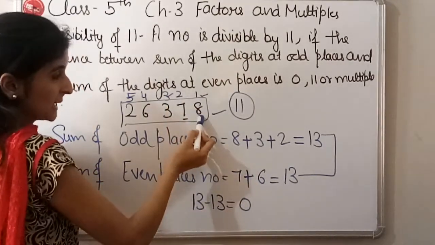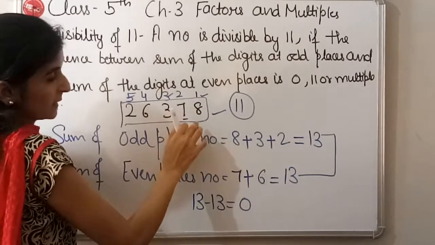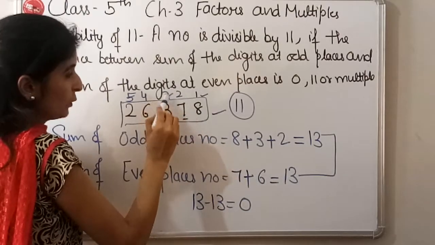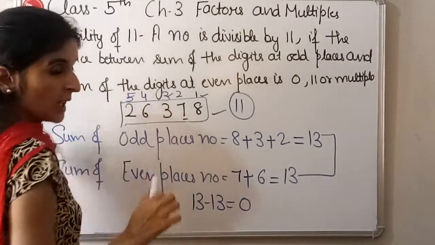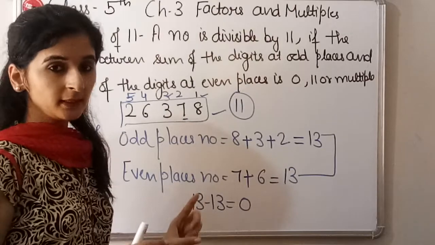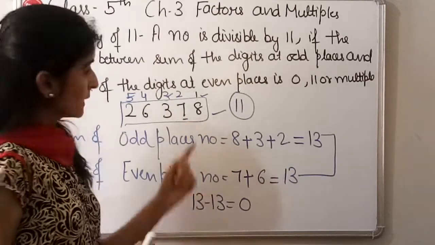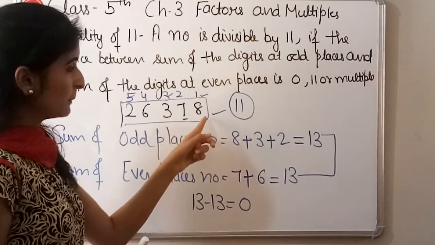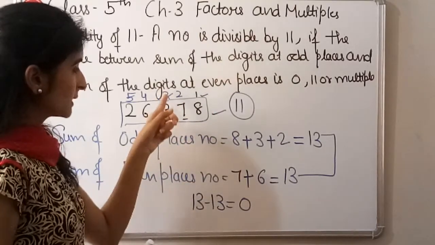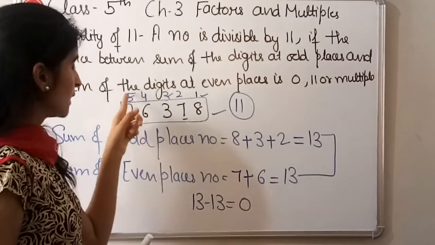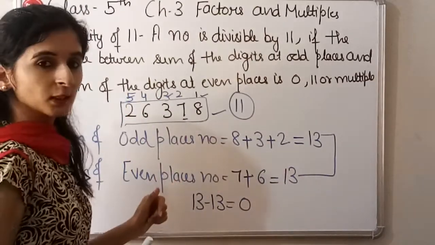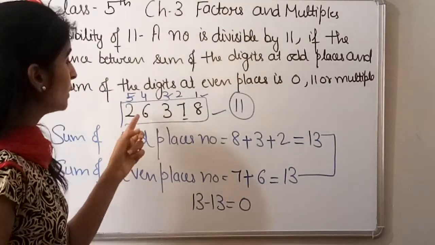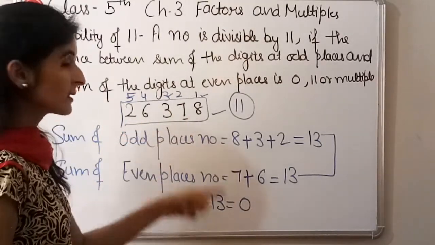So if I am starting from right, then I will write 1 here, 2, 3, 4 and 5. Now the odd places are 1, 3 and 5. So for finding the odd places numbers, on place 1 we have this 8, on place 3 we have this 3, on place 5 we have this 2. Likewise we can find the even places numbers also. So the even places numbers are 7 and 6.